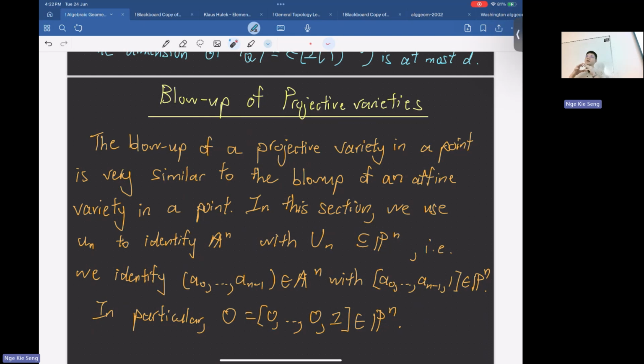We use the word chart; it's a bit similar to differential manifolds, where you also use charts, with a local homeomorphism to R^n. So this is similar: you are performing a local isomorphism. In this class we care about invertible polynomials, so it's an isomorphism.